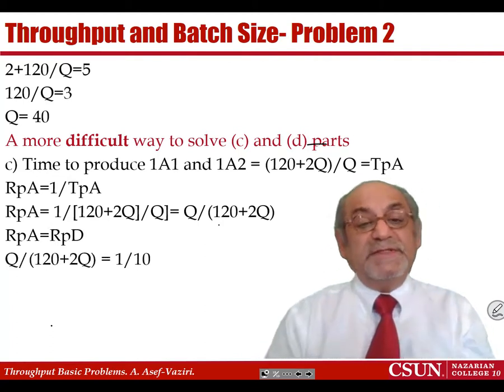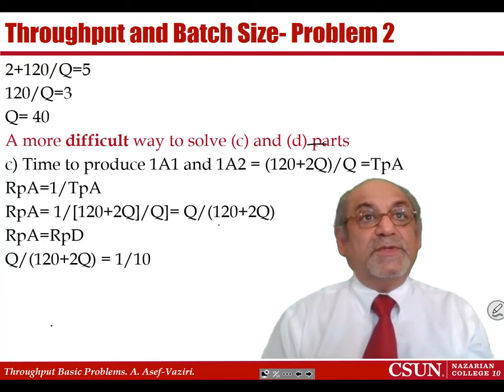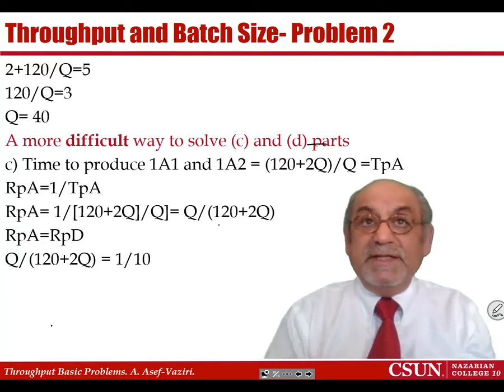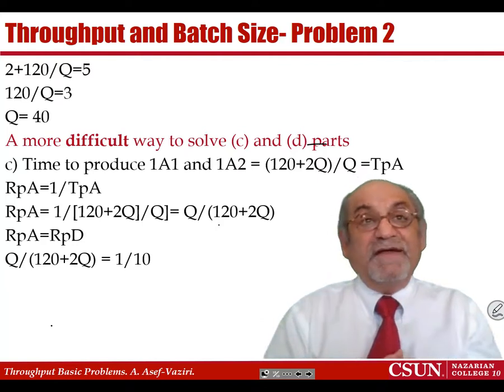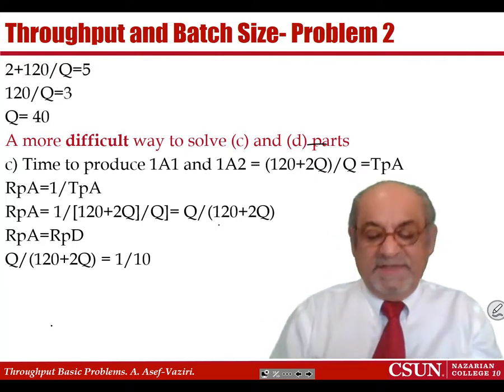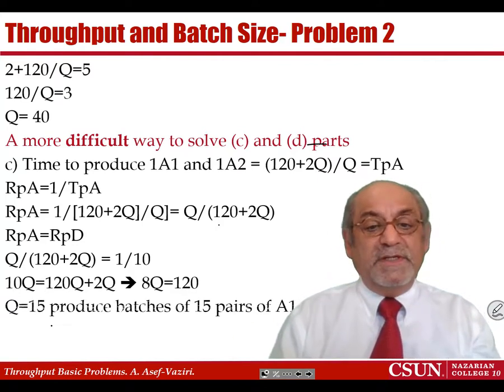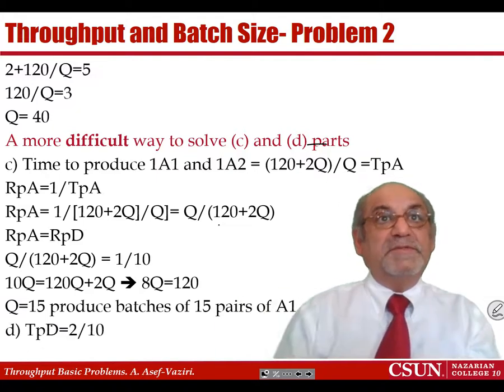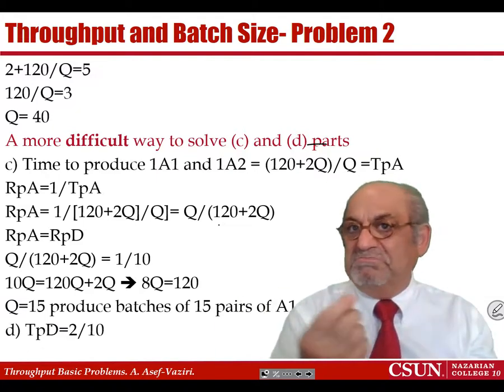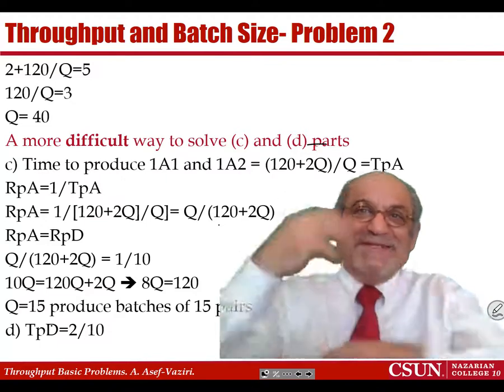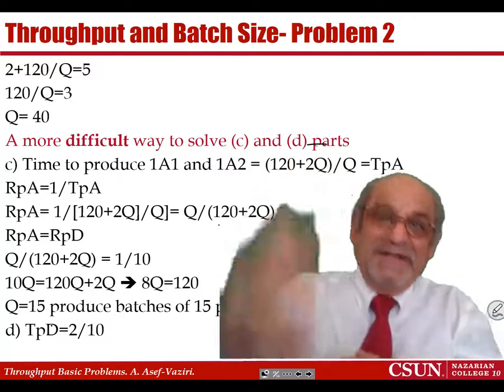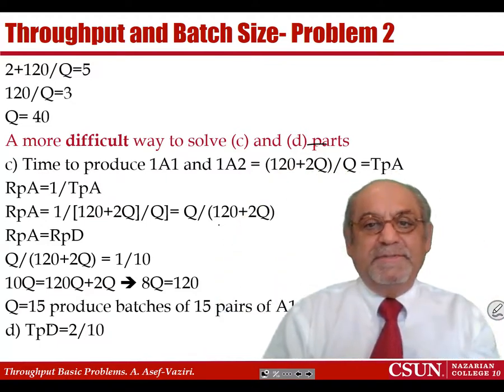This is throughput of this station. Throughput of the other one is 1/10 per minute in the first case and 1/5 per minute in the second. So all of these lead to the same results, but in this approach, we first reverse something and then re-reverse it. Not needed.